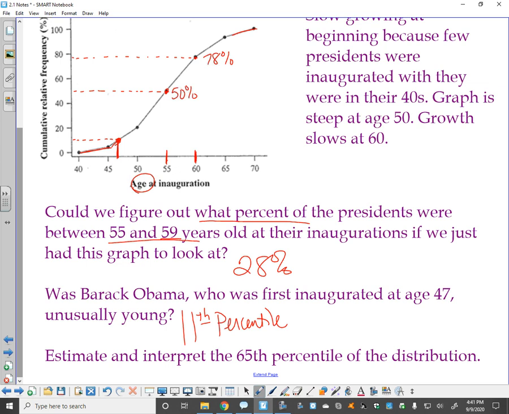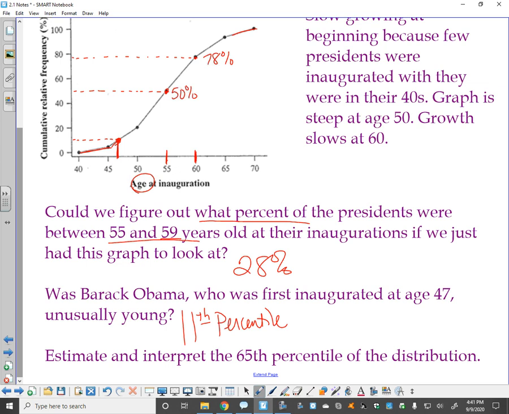Now, flip that around and make a more powerful statement. If he's in the 11th percentile, that means 89% of presidents were older than him when they were inaugurated. And that makes much more of an impactful statement.